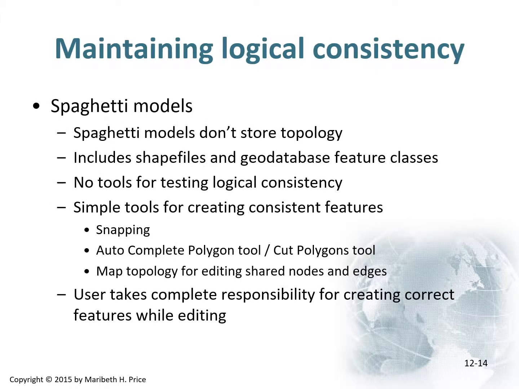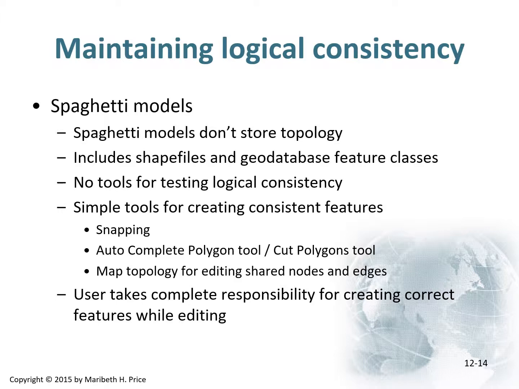So when we try to do this, there's two basic models that we work with in GIS. The first is a spaghetti model. This is a model that doesn't have topology. Each individual item is just that, an individual item. Shapefiles, geodatabase feature classes, it doesn't matter. They're simply placed in the GIS individually, and there's no rules for how they interact with one another.